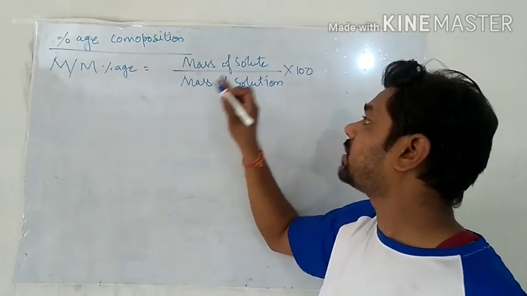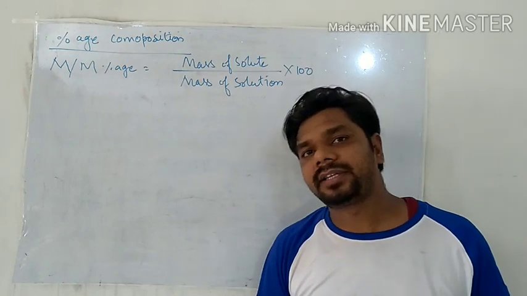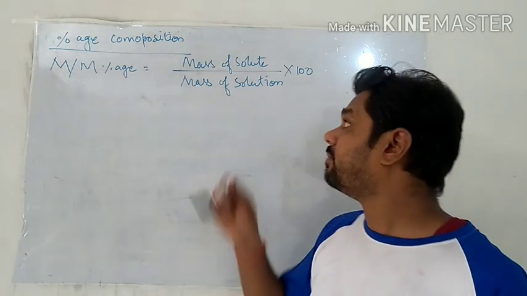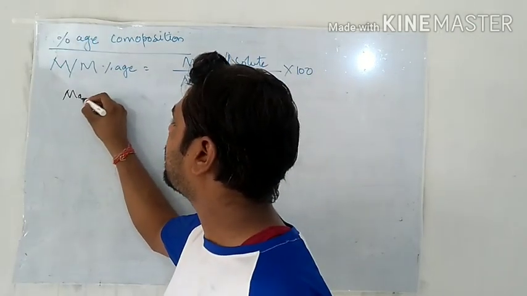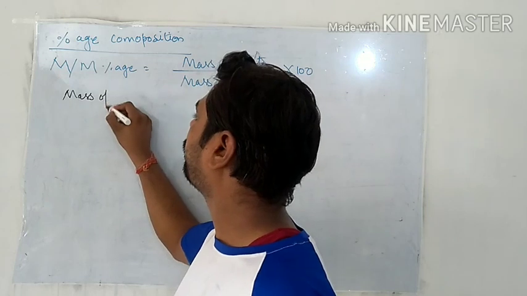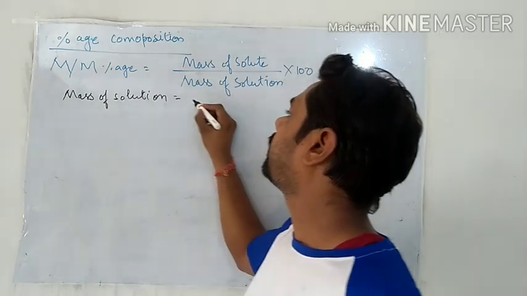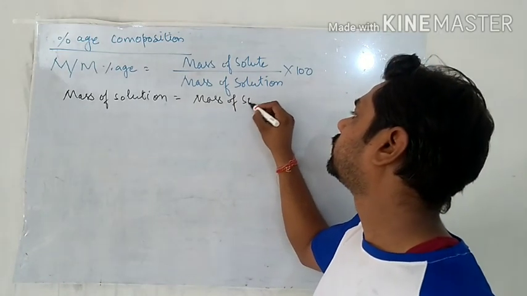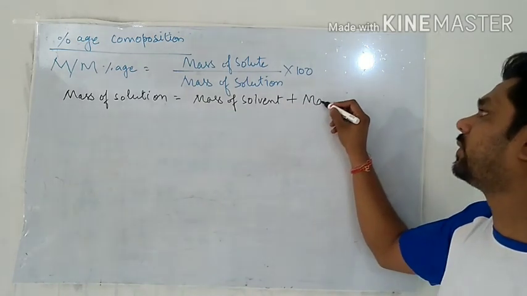One important thing that you need to pay attention to here is mass of solution. Here we must understand the mass of solution is equal to mass of solvent plus mass of solute.